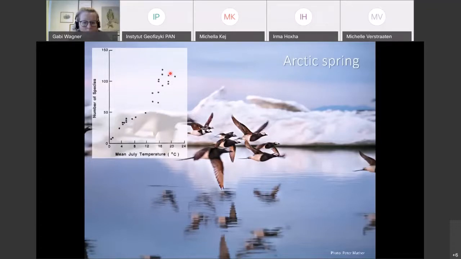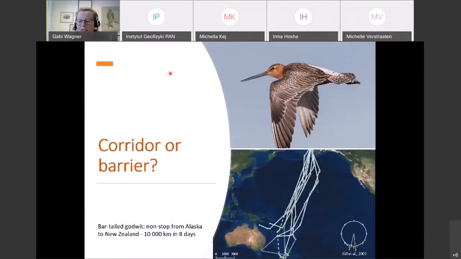So this is what we see in the Arctic spring. Of course, the animals find their territories, breed their youngsters, and then, of course, they have to fatten up again and leave the Arctic before the Arctic winter sets in. So then we're dealing with the autumn migration. And I've picked out another bird, the bar-tailed godwit, which does one of the most amazing migrations.